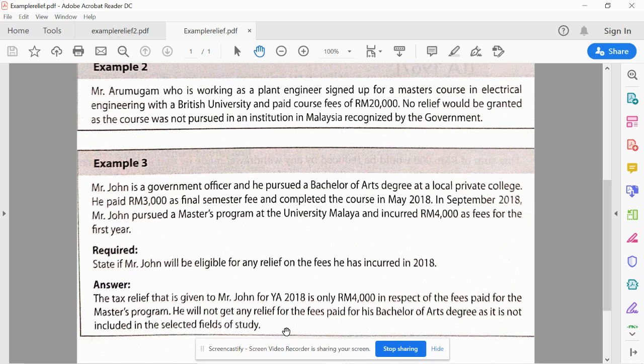Okay, so here you can refer to your notes for the course fees. Course fees, the maximum eligible amount is 7,000 ringgit and it is on any course of study up to tertiary level in any institution in Malaysia recognised by the government and undertaken for the purpose of acquiring technical, vocational or industrial skills.